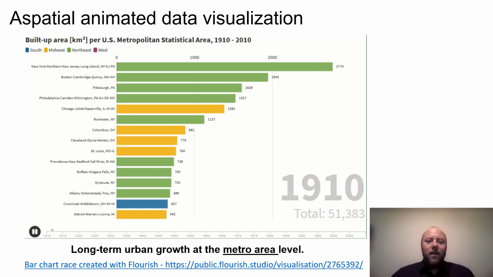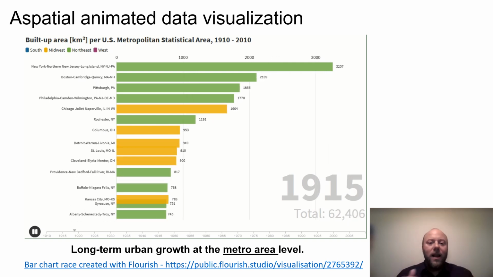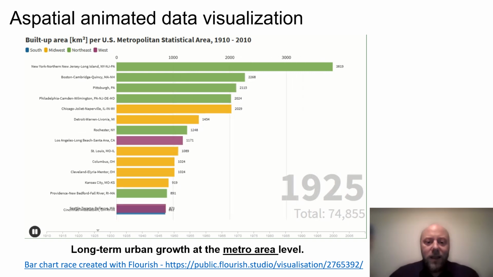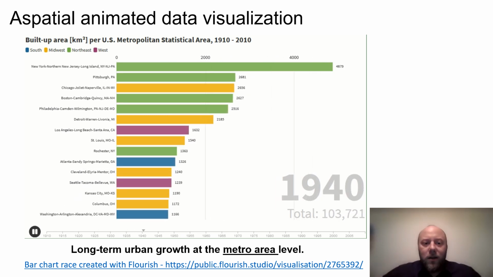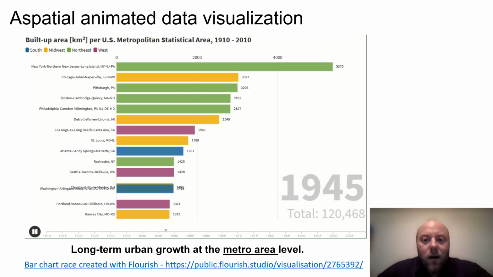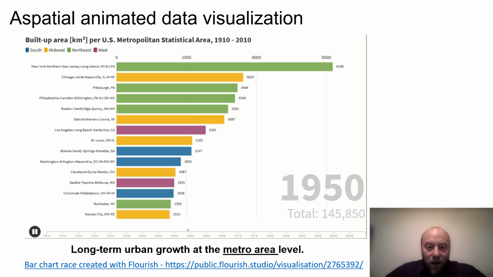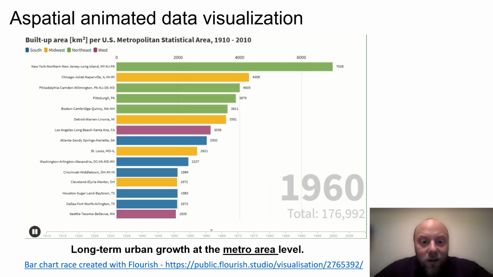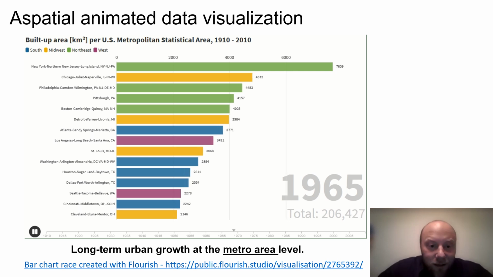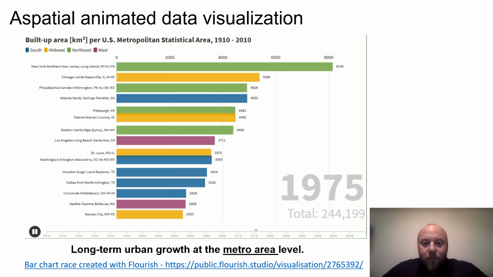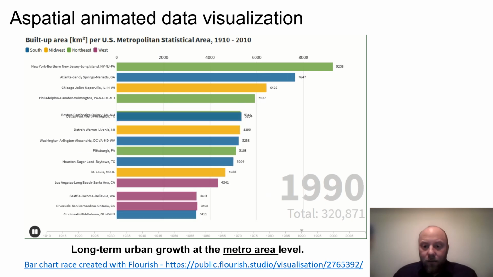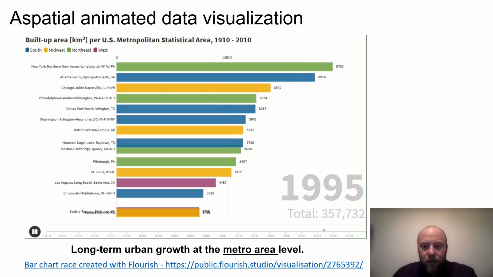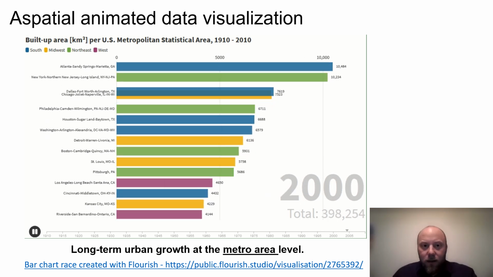And then we also depict the relationship between different cities, right? So the ordinal relationship, which city is the largest, and how does that change over time, and to which region do these cities belong. So yeah, that's it basically. Let's watch this again to the end.